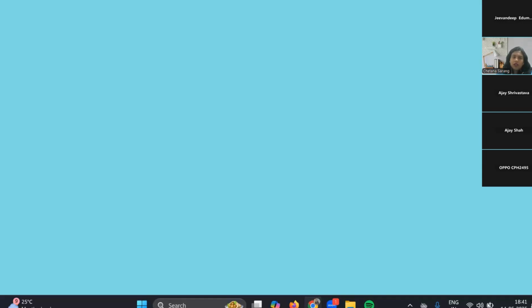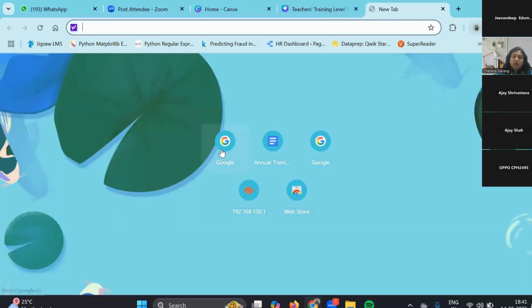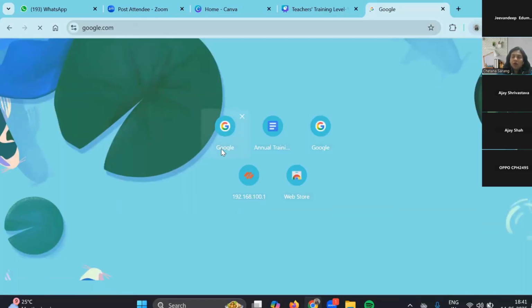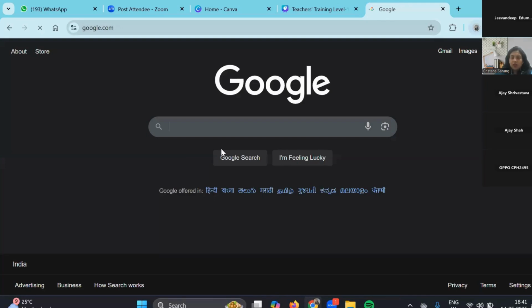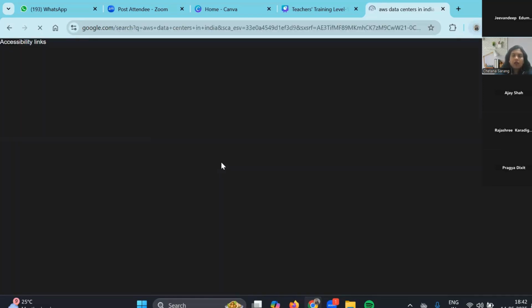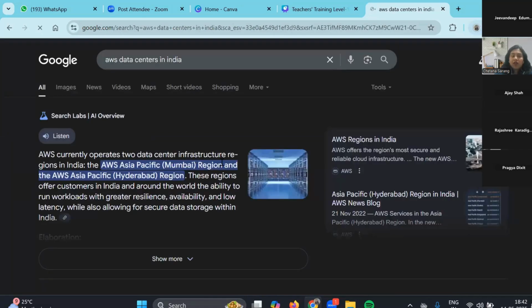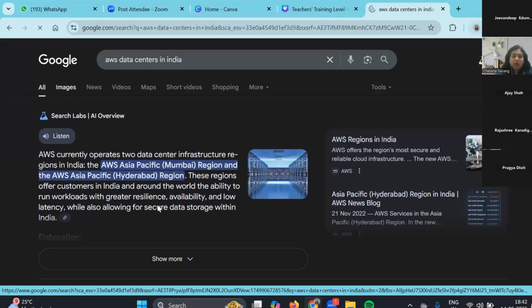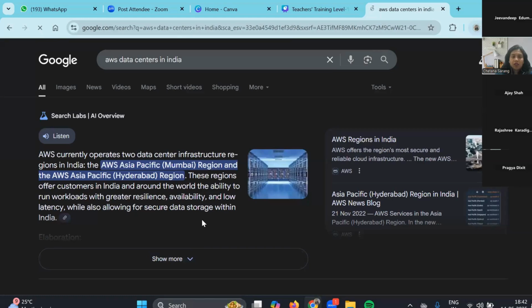I'll show you the data centers also. Hyderabad also, but which cloud provider is in Hyderabad? Amazon. Okay. Why a data center in Hyderabad? Data center in India. After COVID, they have leveled up and made multiple units. Before that, it was only one or two.